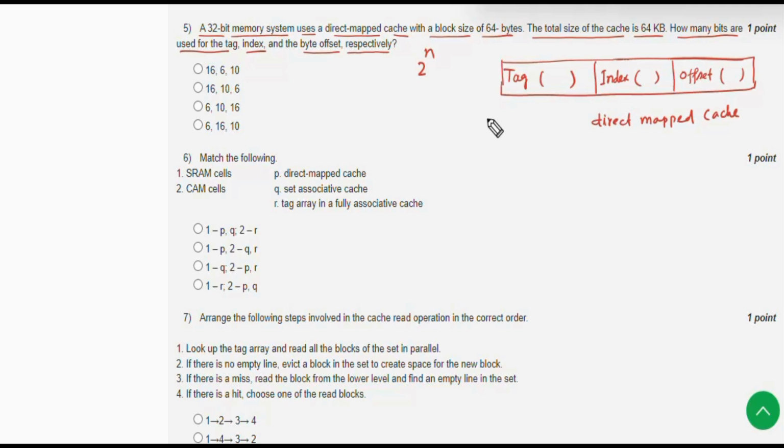Now we are given here the block size of 64 bytes, which can be represented as 2 to the power 6. So therefore 6 bits are used for the byte offset.